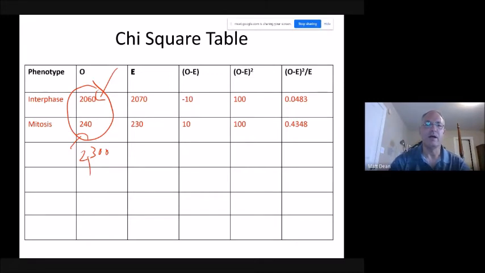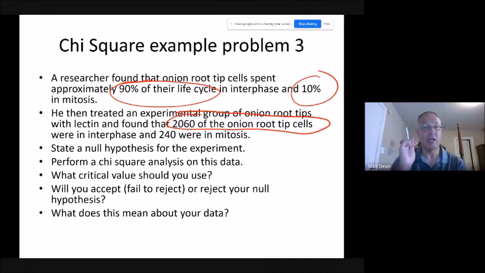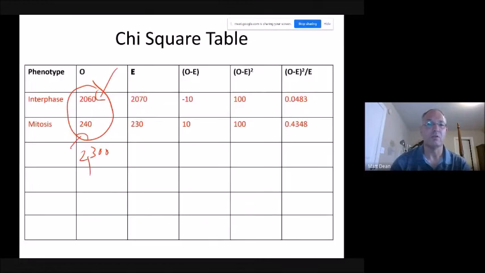We're then going to go back and take these percentages. So normally 90% of cells are in interphase and 10% are in mitosis. So we take our total number of cells, 2300 times 0.90, 90%, and that gives us 2070. We take our total number of cells, 2300, multiply that by 0.10, 10%, to get 230.